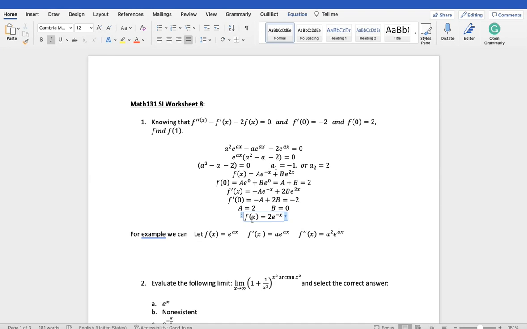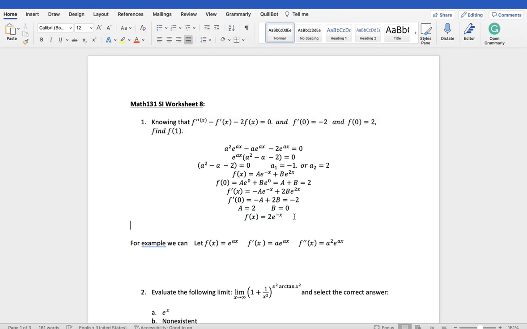So now that we found f of x, all we can do is we substitute the value of 1 into that, right? And we see what we get. So therefore, f of 1 is equal to what?